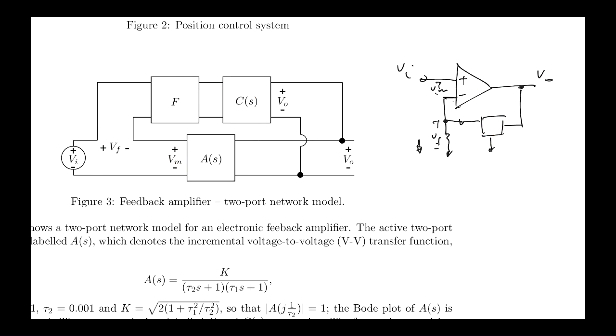Op amps have dynamics. They don't just have gain, they have very contrived dynamics. They always have 2 poles. What's important about an op amp is it'll have very, very large gain.